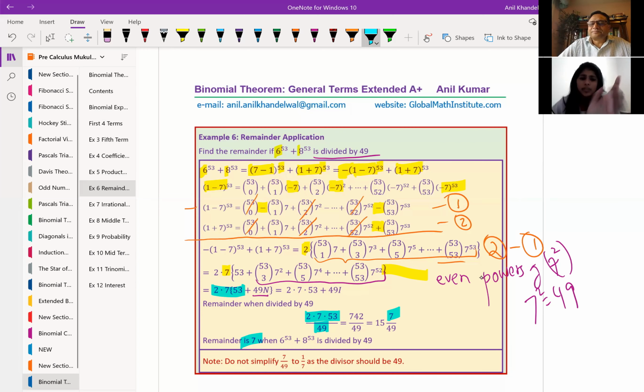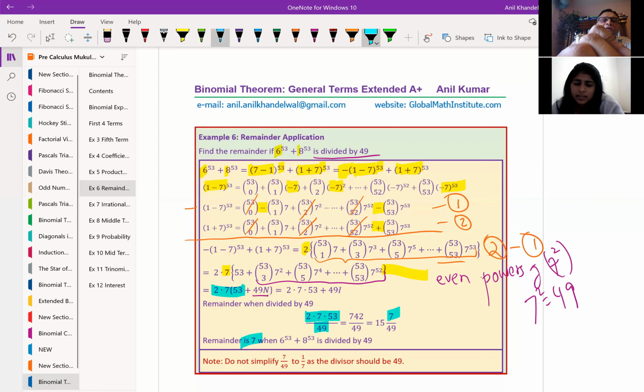How come you don't add the 2 times 7 and then brackets 53 plus 49n? What you did with the remainder, you did 14 times 53. But how come you didn't do 14 times 49n? Because when you divide by 49, it will go completely, right?